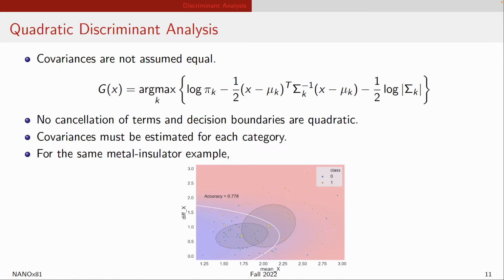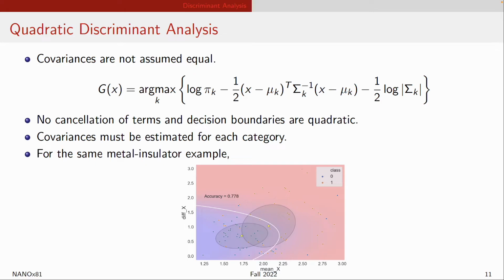Now, for the metal insulator example, if you actually do quadratic discriminant analysis, this is basically what you get. So the decision boundary is over here. Okay, so you notice that now the decision boundary is no longer just a line, right? It's actually this curve over here. So that's one feature.